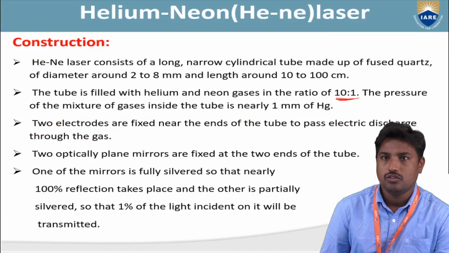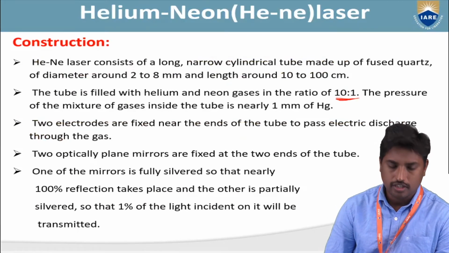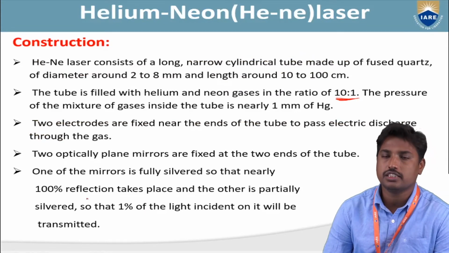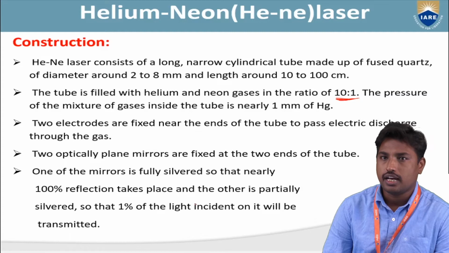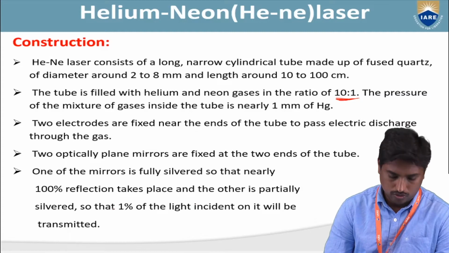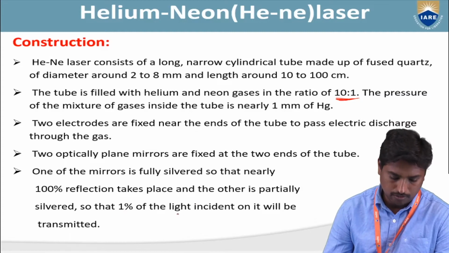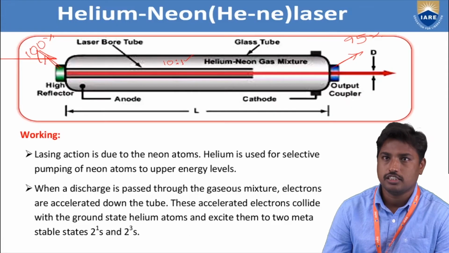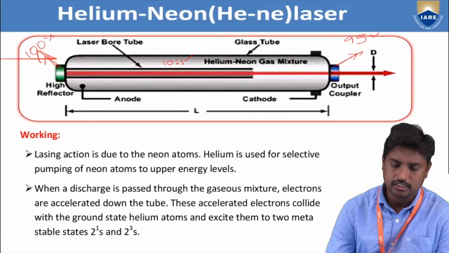Regarding the optical cavity, one of the mirrors is fully silvered so that nearly 100% reflection takes place. The other is partially silvered so that 1% of the incident light is transmitted. This is about the construction part. Then see the construction diagram.